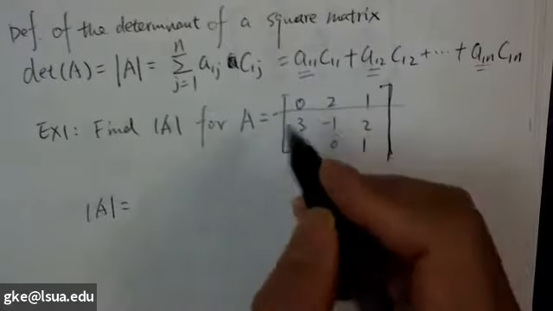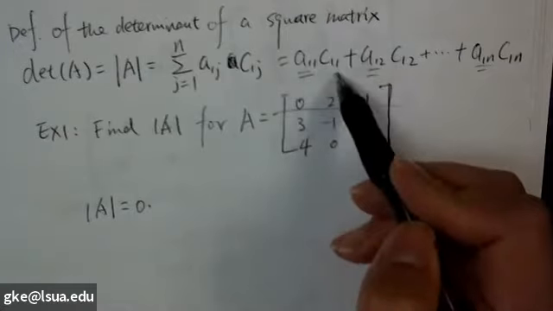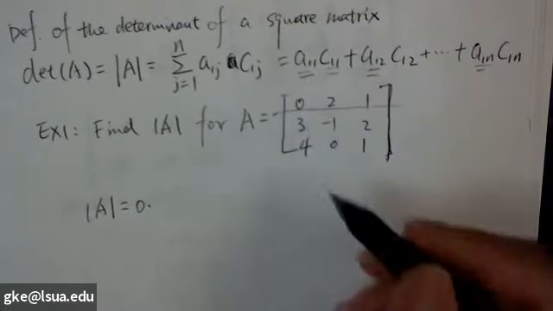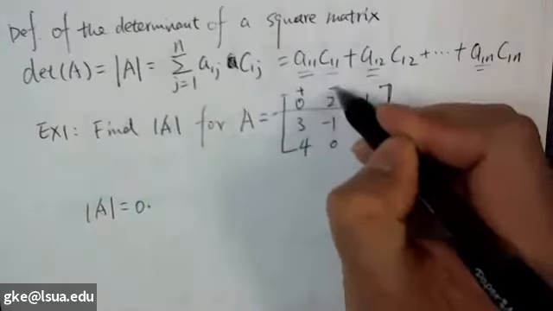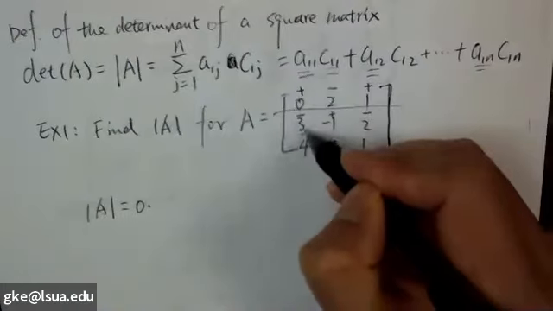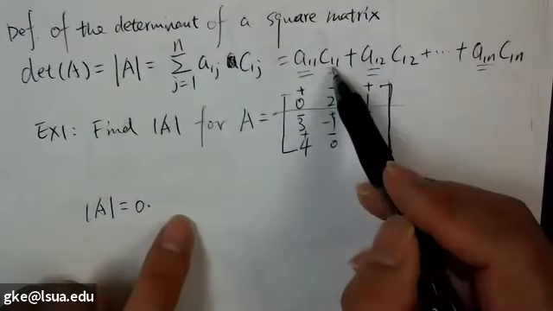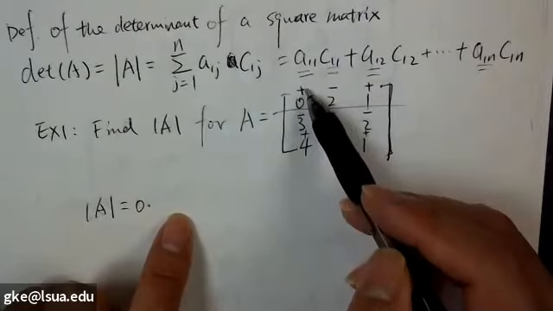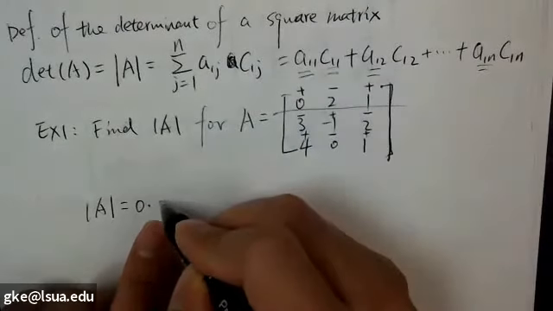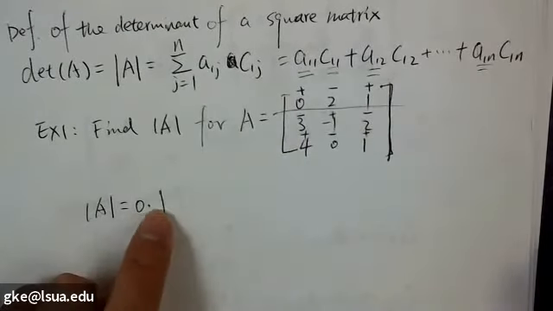So I write down A11, which is 0, times C11. We need to write down the sign on the top. For C11, the sign is positive, so we don't need to put 1 times M11.